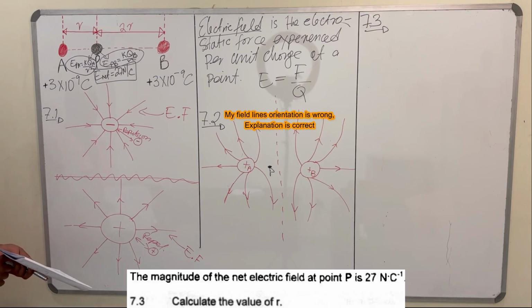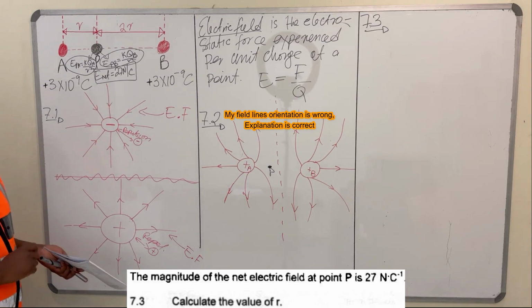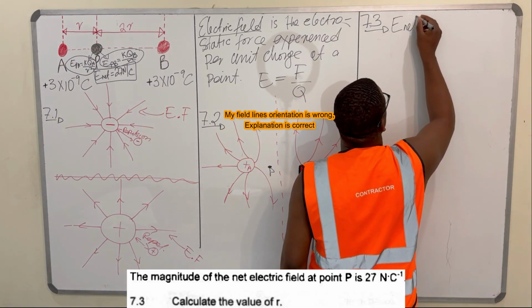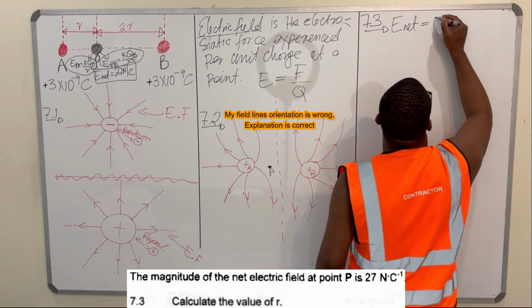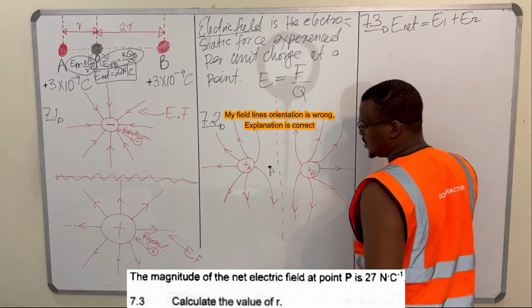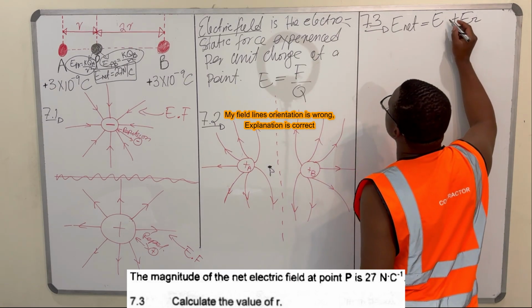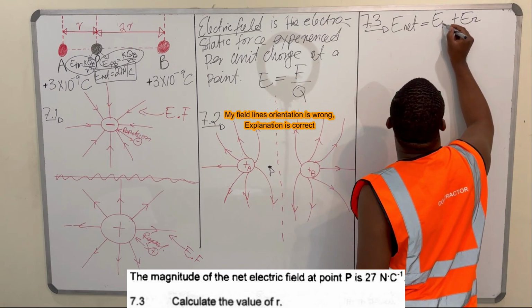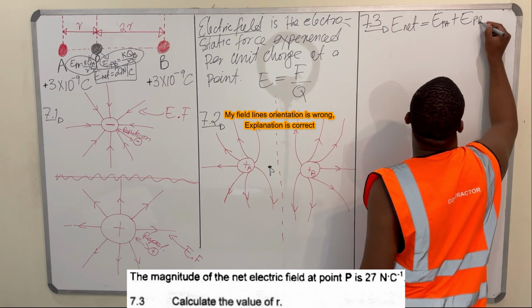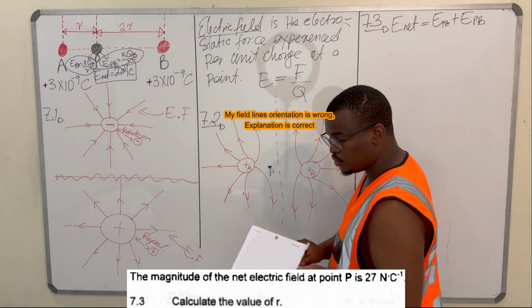No problem. So now, if we want the net electric field, it will be equal to E1 plus E2, which is the electric field at P due to A and the electric field at P due to B. So we just add the two.